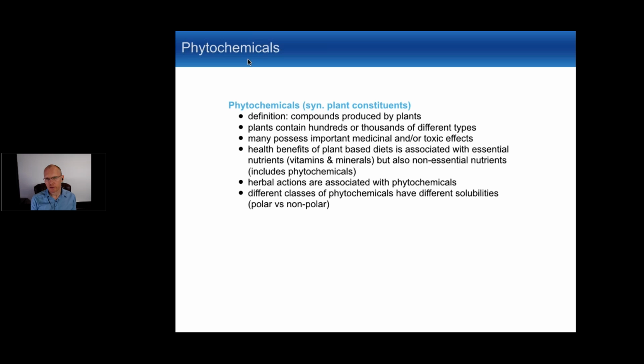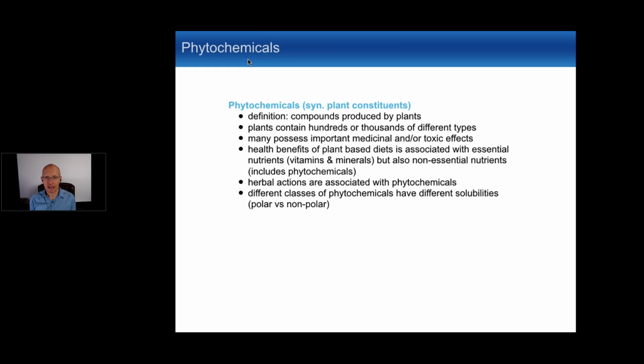So, what is a phytochemical? Well, everything in the universe is made up of chemicals, and phytochemicals specifically refer to the chemicals that you find in plants. So phytochemicals, plant-based chemicals. I may use the term interchangeably with plant constituents. So a constituent is the various components in the plant. And these basically are compounds that are produced by plants.